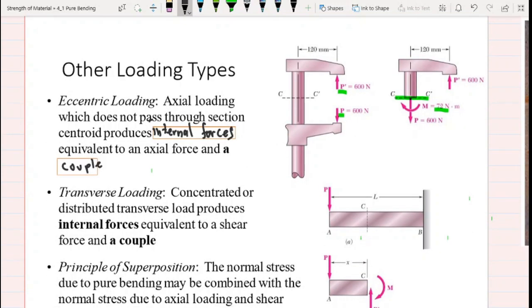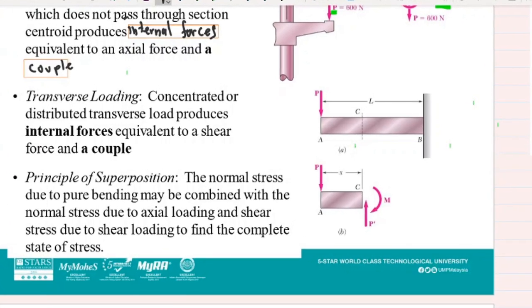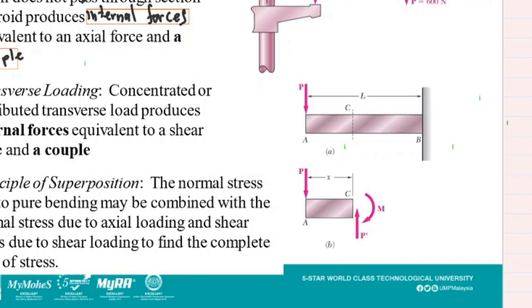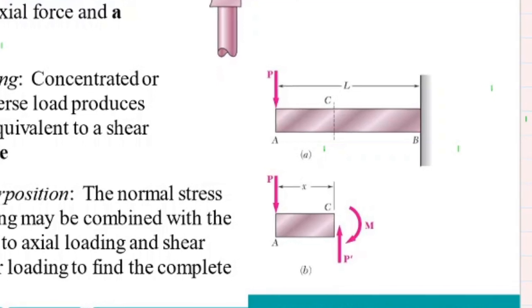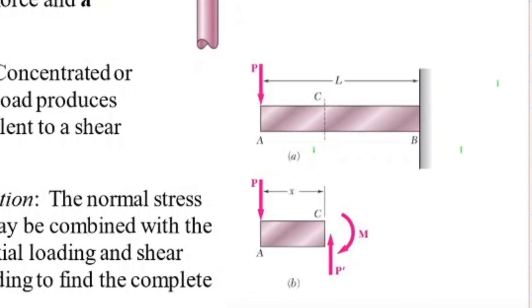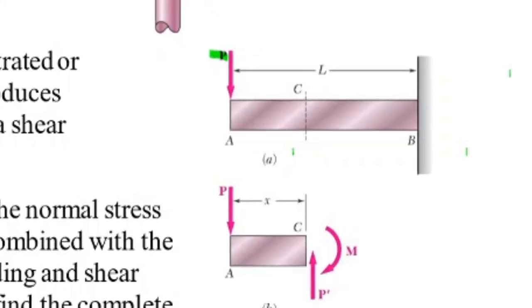The study of pure bending also plays an essential role in the study of beams subjected to various types of transverse loads. This is specifically useful for prismatic members. Consider a cantilever beam AB supporting a concentrated load P at its free end.